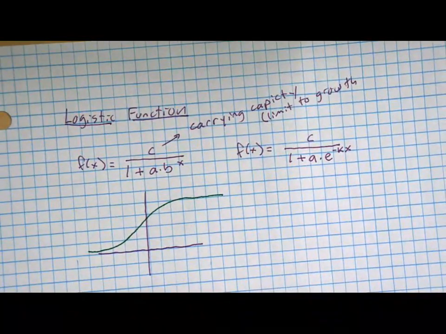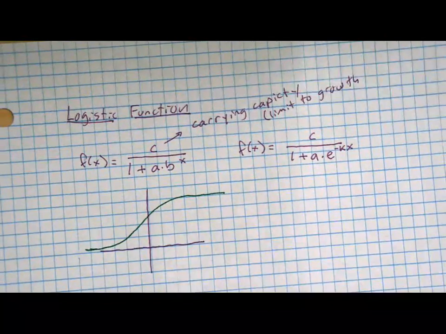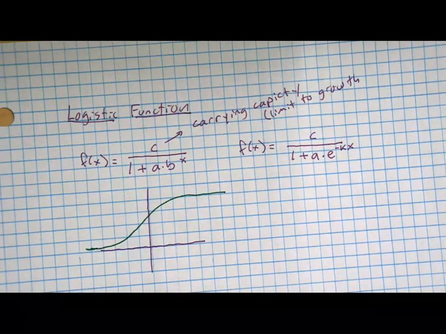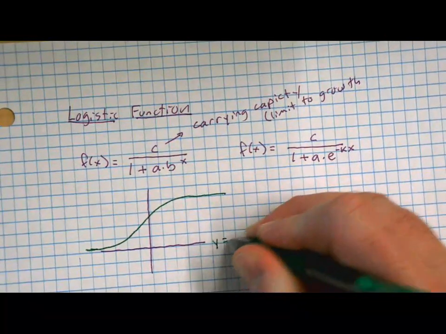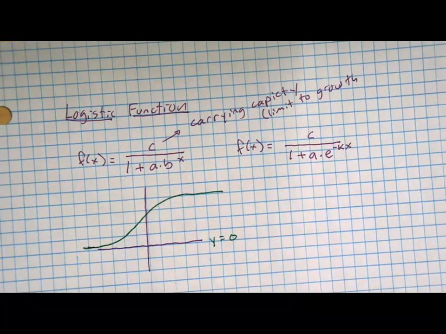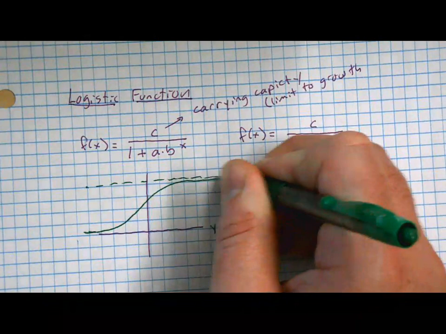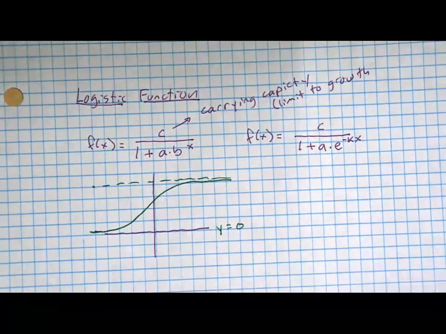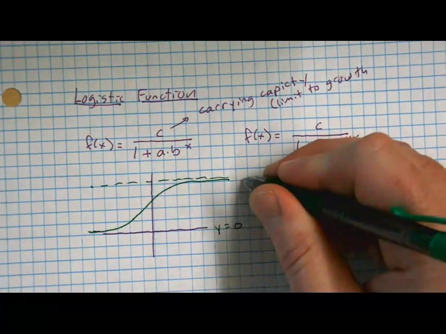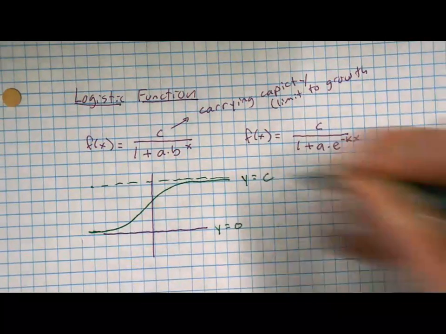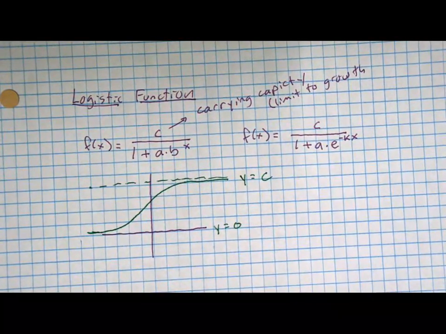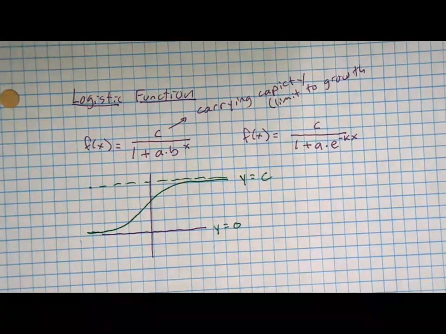They're always going to tend towards 0 on the left, so y equals 0 is one of your horizontal asymptotes. And there's another one up here where it levels off. It never quite hits this value. And that is y equals, anybody know? C. So that number on the top tells you the limit to growth. That's the highest this thing's ever going to get.